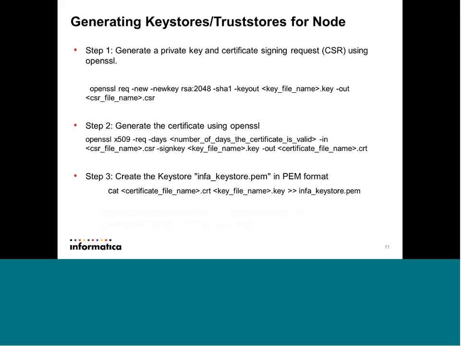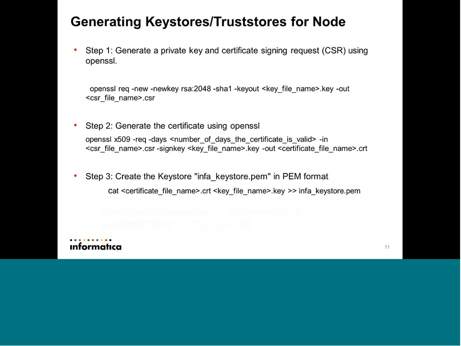When you're configuring PowerCenter for SSL, it is not essential that we create the certificates on the same server. The certificates can be created on a different server, maybe on some third server which doesn't have PowerCenter installed, by your security admins, and then they can send the certificates to you.